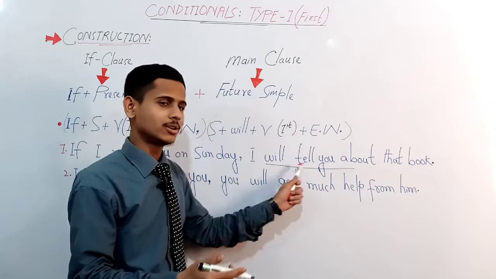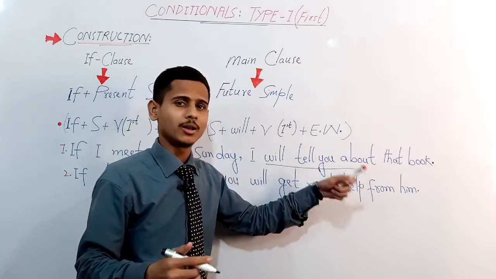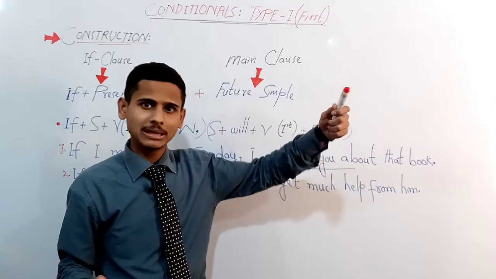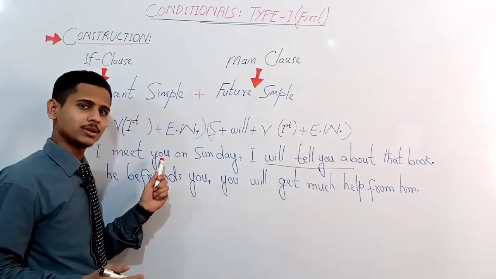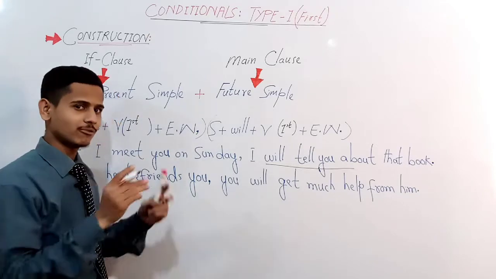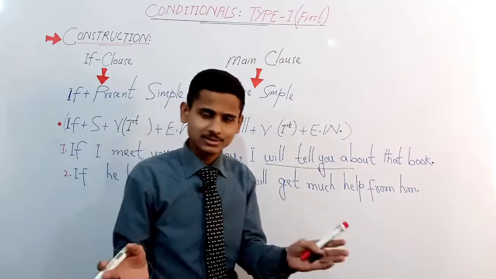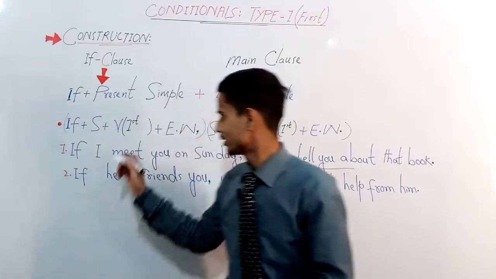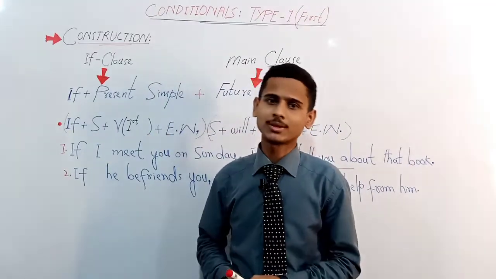So the second one really takes place if the first one takes place. By the way, we don't use will in the first clause because this is the rule of grammar. We have to use a simple present sentence.